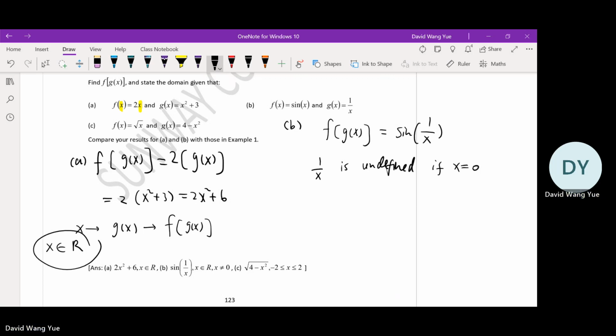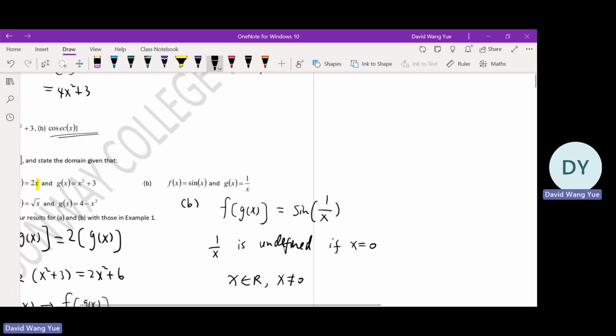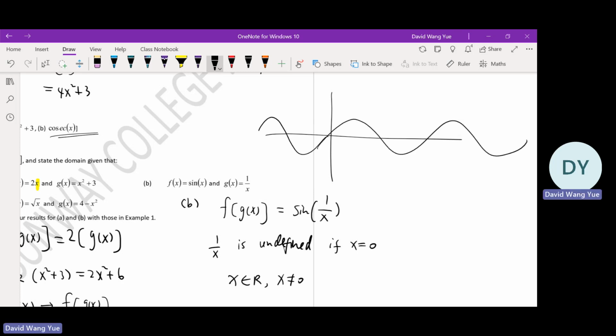So 1 over x can be any number except 0. After that, when you substitute the value into the sin function, if you remember, the sin function goes along the x-axis.